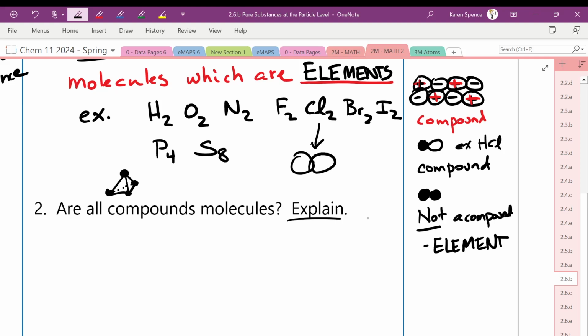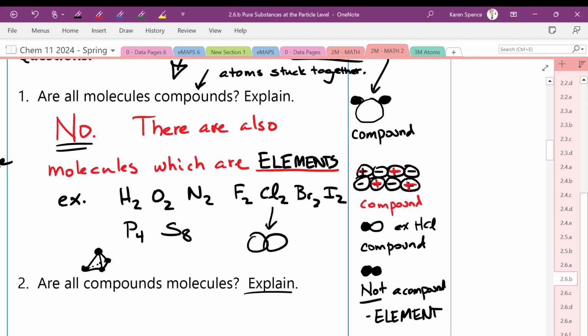Now, let's start by looking at the things that we drew over on the right that were compounds. We drew this, this was a compound. We drew this, this was a compound. And we drew this, this was a compound. Are all of those molecules? Is this a molecule?